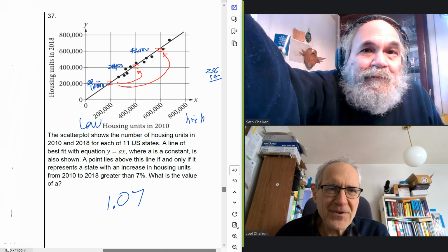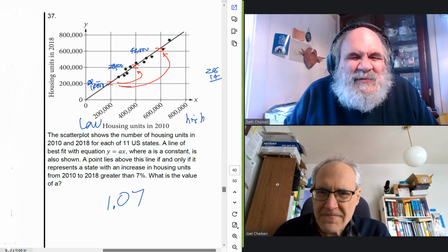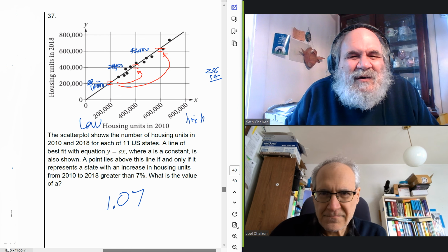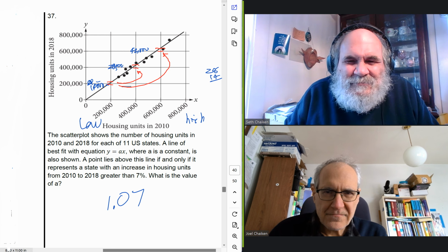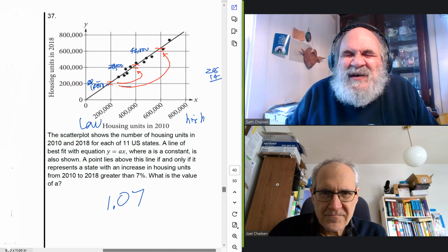When I first read it, I thought you could just read the slope directly off the graph, but you can't. One needs to recognize that they're talking about a 7% increase, and the slope represents the multiplicative factor that corresponds to a 7% increase.